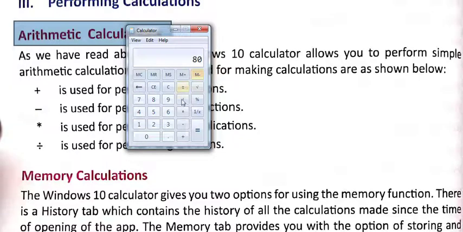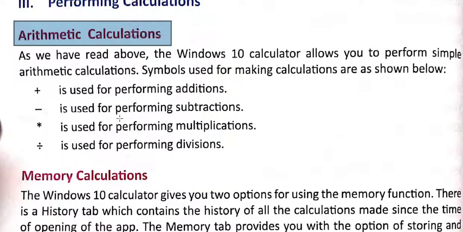Now the plus and minus symbols for addition and subtraction. 5 plus 3 is equal to 8. 6 minus 1 is equal to 5. So these are the basic arithmetic calculations that we can do in our calculator using these 4 buttons.